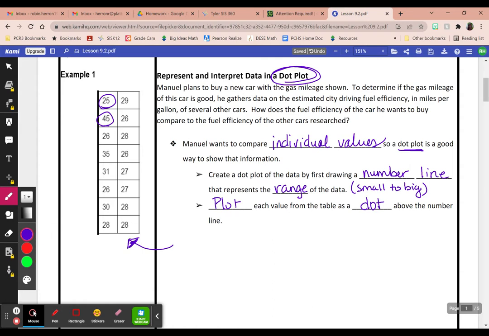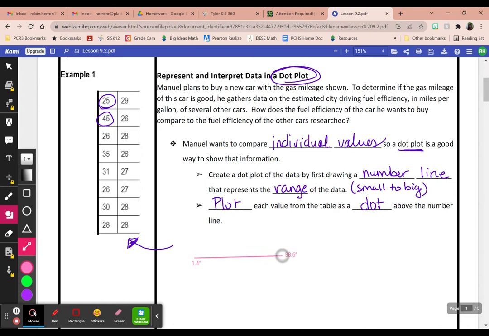So I'm just going to draw a little line here. If I can find my shapes. Okay. All right.